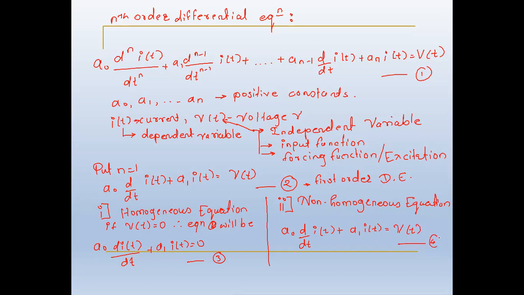This is equation number 4. Keep in mind, whenever an equation contains an independent variable, it is known as the non-homogeneous equation. When it does not contain any independent variable, it is known as the homogeneous equation.